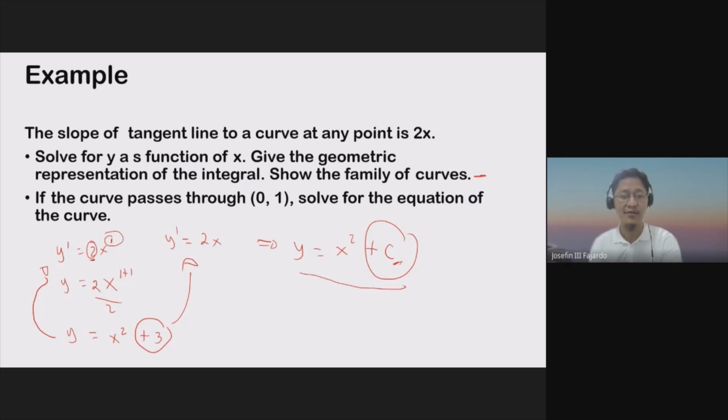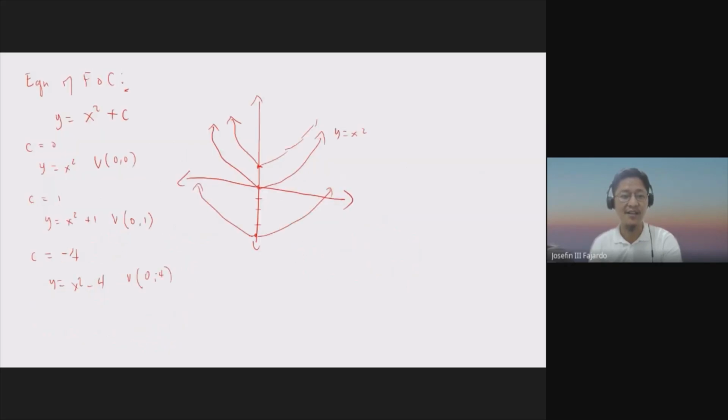To do that, we substitute the point into the general equation y equals x squared plus c. So our x is 0 and our y is 1.